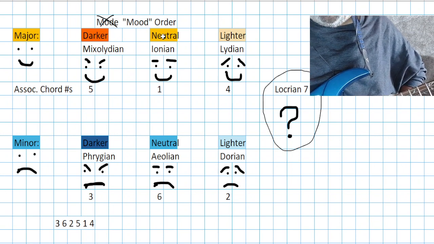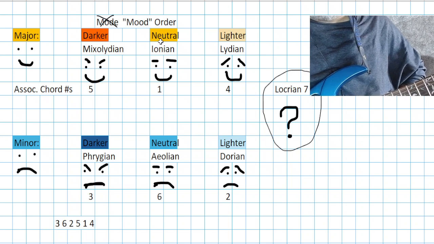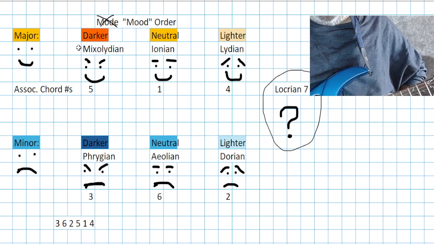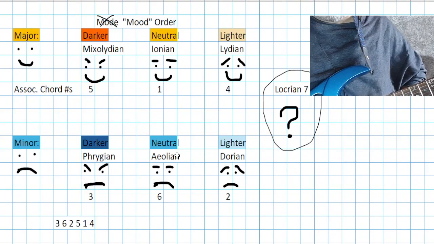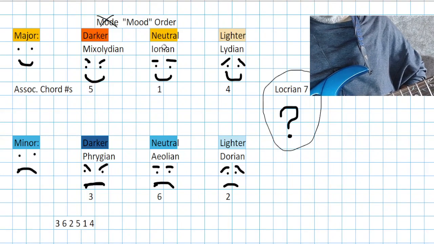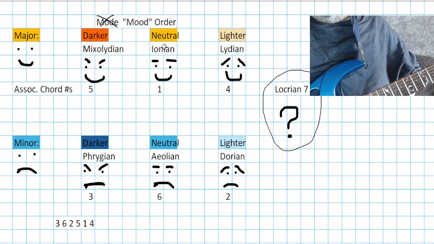Just an OCD thing there. But pay attention to neutral in the middle, then darker and lighter. So when it comes to the 3 minor chords, then you have, once again, a darker, a neutral, and a lighter.